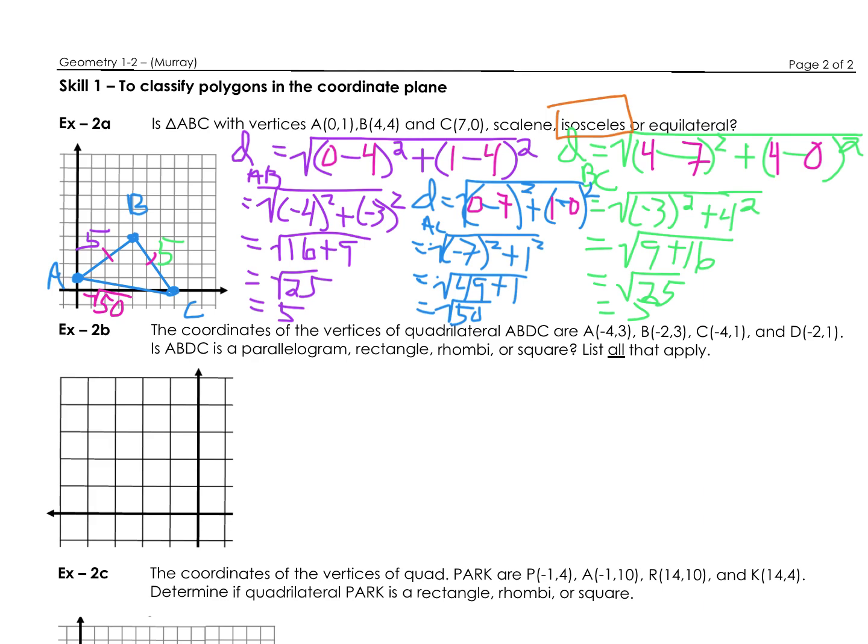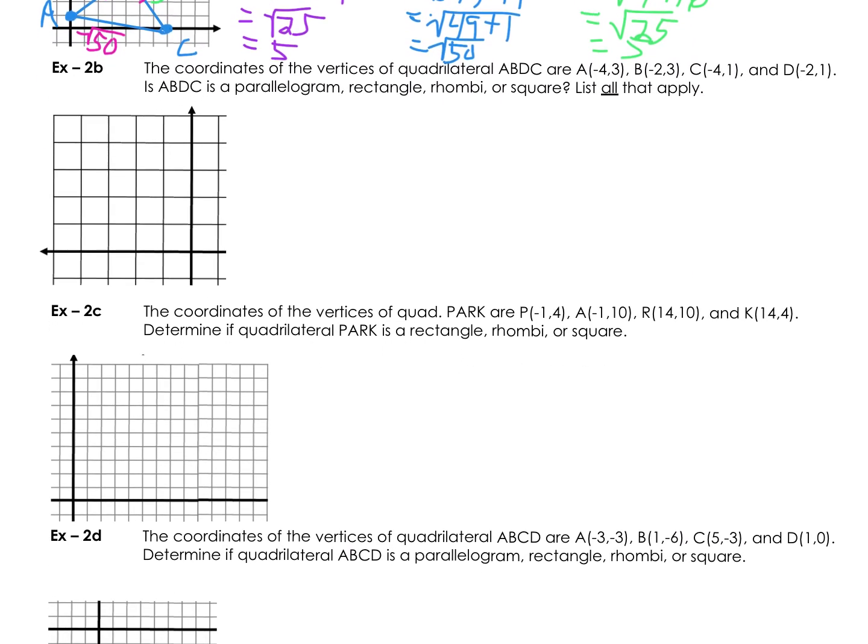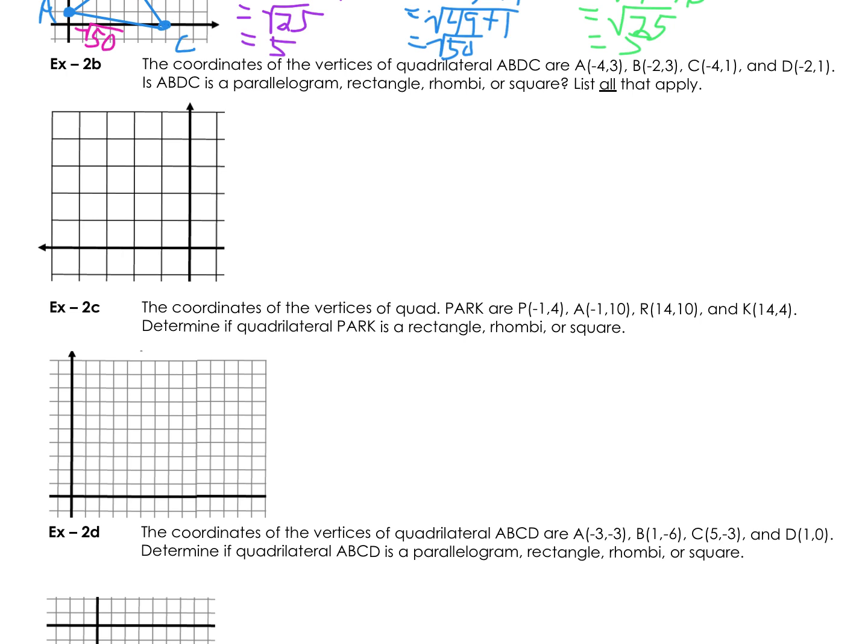So let's look at the next one. For this next one, I want you to start off by plotting the quadrilateral. And so I'm going to start off with, I don't know, I'll plot it in green this time. So negative 4, 3, to the left 4, up 3.